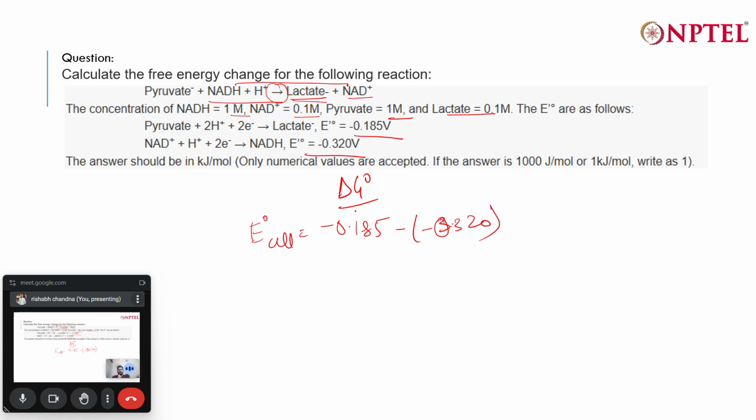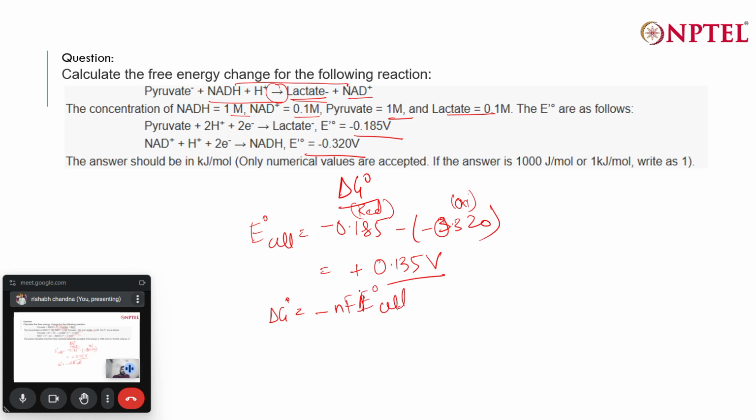So this would be for the reduced one, and this one would be for the oxidized one. After solving this, it would come to 0.135 volt.